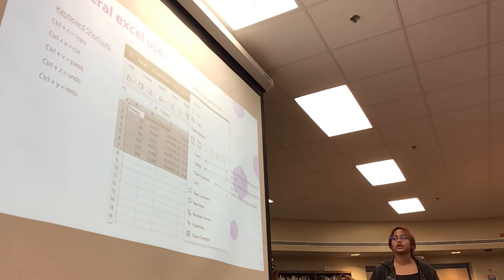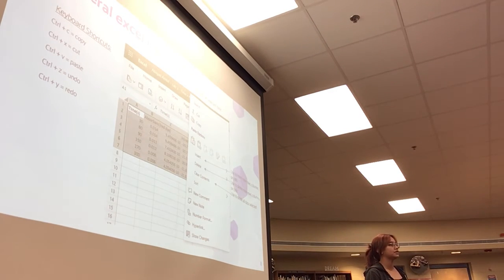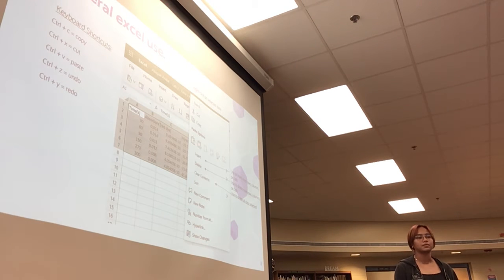Okay, so this is just general Excel use. You should use this whenever you're having to enter a bunch of data points. Another tip that I didn't put on here is that you can also just memorize your number pad so that whenever you're entering data, you don't have to look at it and can just enter it based on muscle memory.